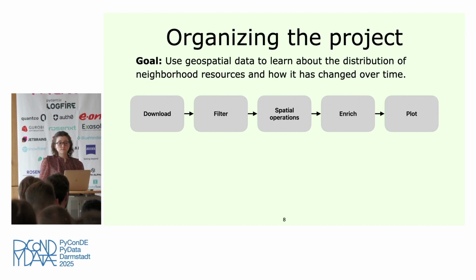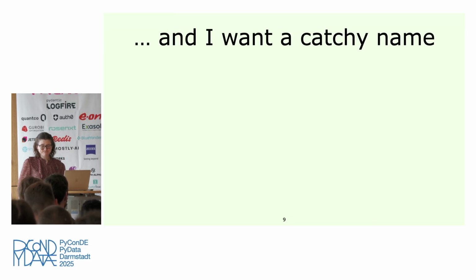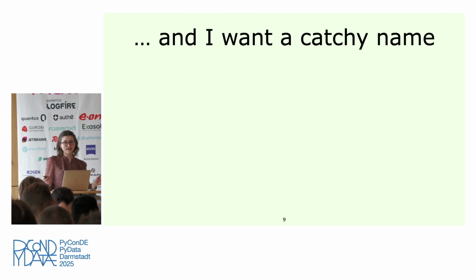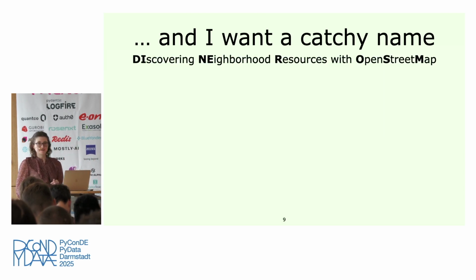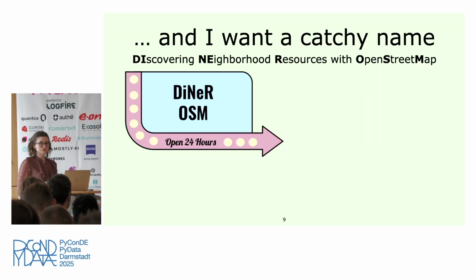OK, cool. Most importantly, I want a catchy name. Hot take, I think AI is really bad at coming up with clever names. So I used the subtitle of this talk to make an acronym and introducing Diner OSM. That's what we're going to be using.